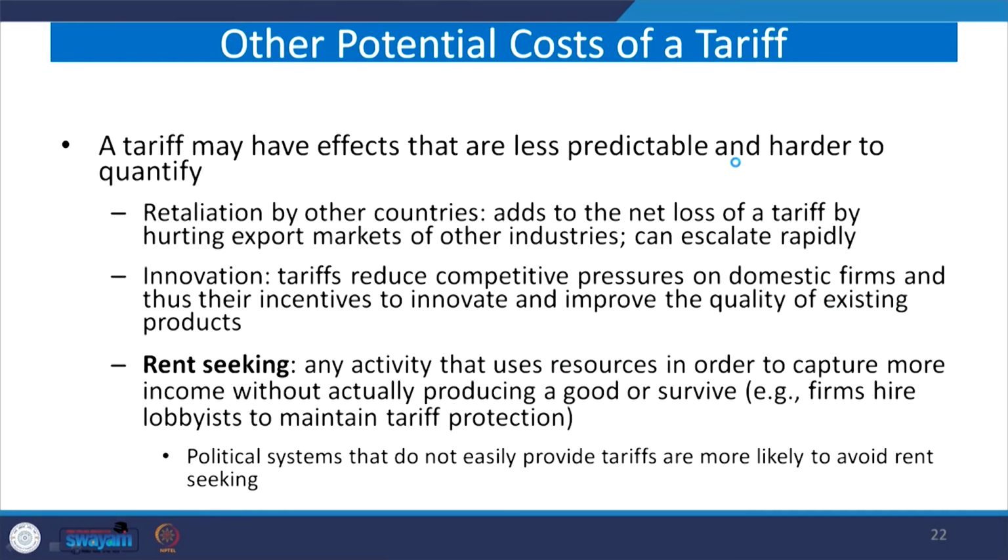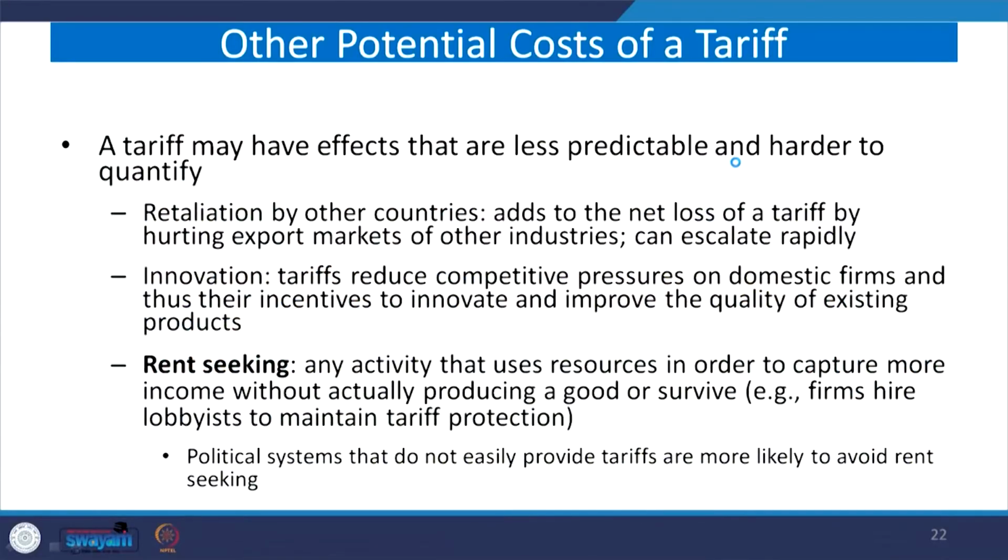Now, let us understand certain other potential costs of tariff, since we are emphasizing the welfare effects of tariff. Tariffs have effects that are less predictable and harder to quantify. Largely, there is retaliation by other countries adding to the net loss of a tariff, because if one country imposes a tariff, another country will retaliate by hurting export markets of other industries.